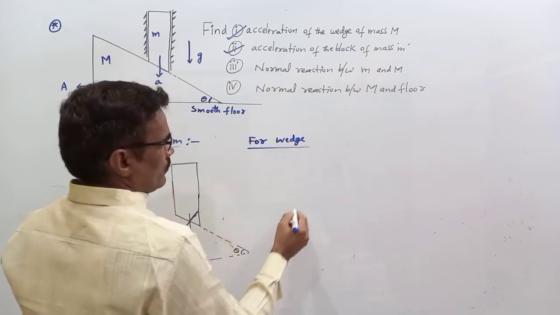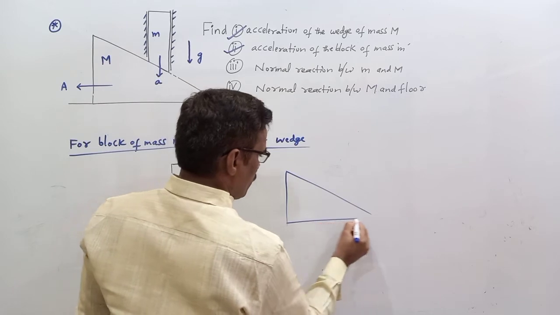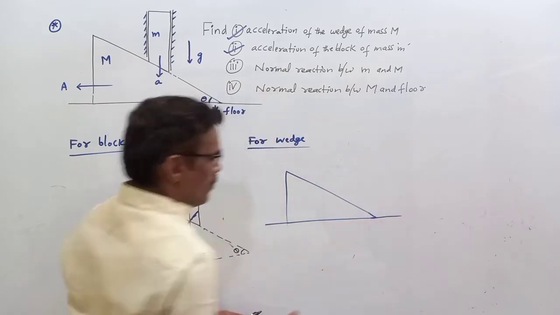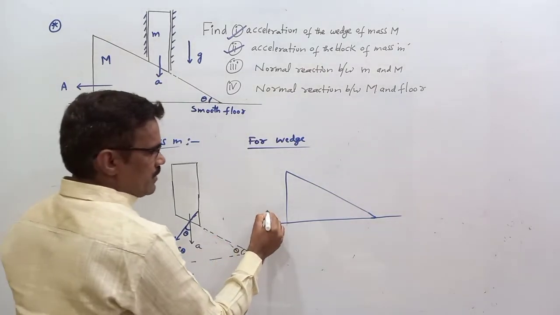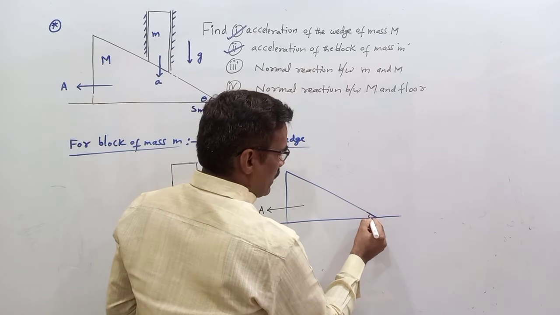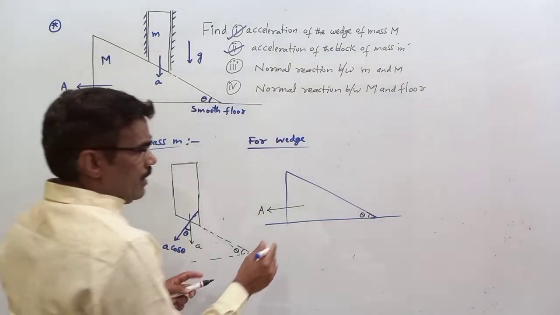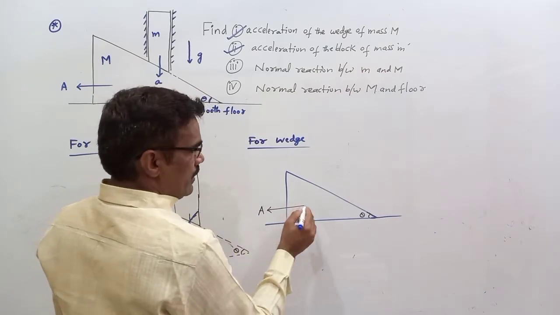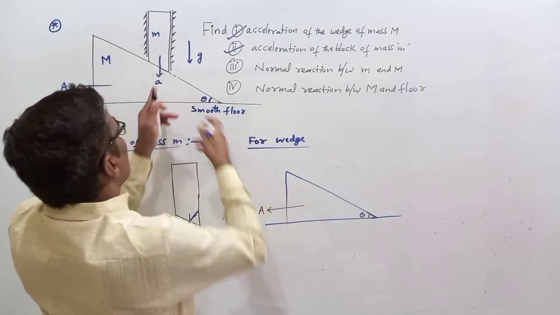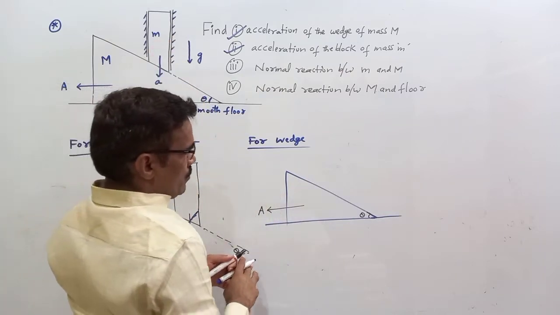For the wedge, we know that the wedge is moving this side with acceleration capital A. What about the angle here? Theta. Correct. Then I want the component of this acceleration perpendicular to the contact surface.